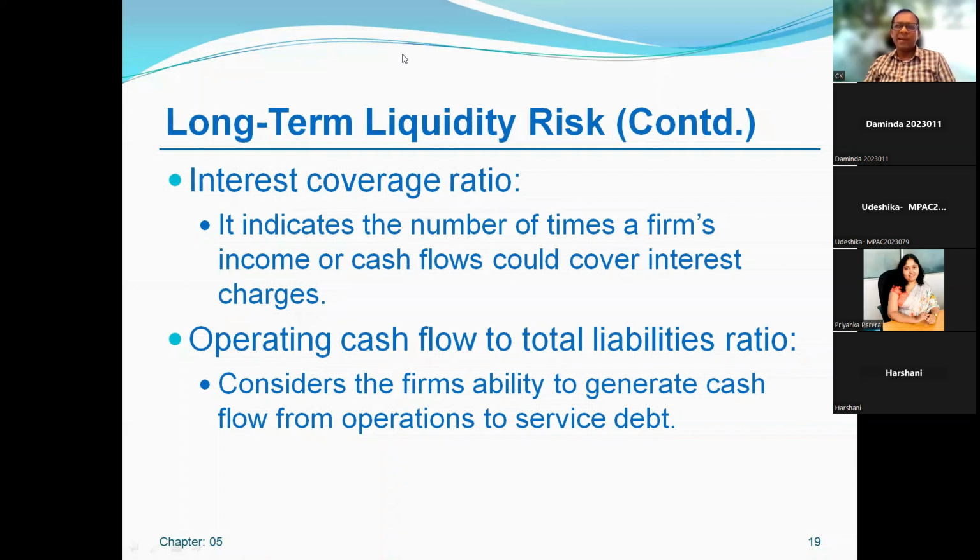Now, generally, for banks and finance companies, that's a different story, because for banks and finance companies, your main business is this. So in a banking institution, your interest related items come on top. Your net interest income (NII) is your gross profit, right? It's a gross profit calculation. It doesn't come at the lower level. In a manufacturing company or service company, you have the operating profit and then comes the interest cost.